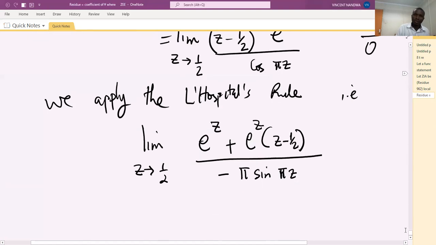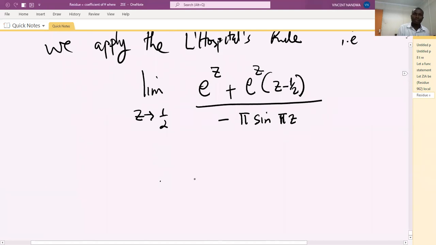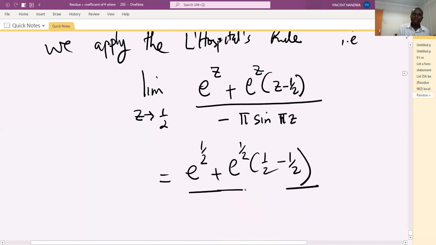So when you put a half, this will now be e raised to the power a half plus e raised to the power half times (a half minus a half) divided by negative pi sine of a half of pi, which is the same as pi over 2.